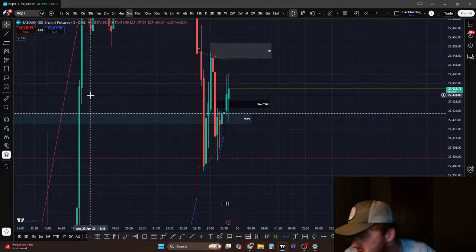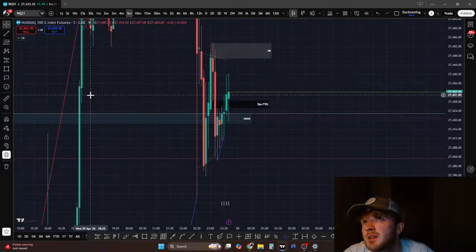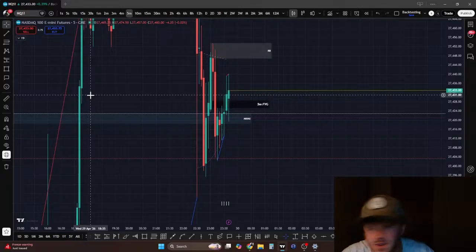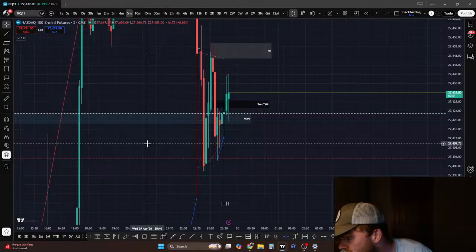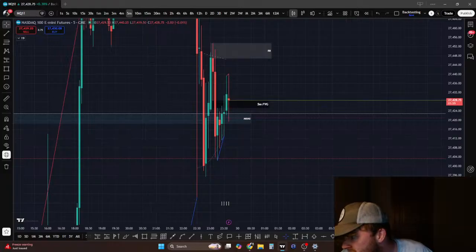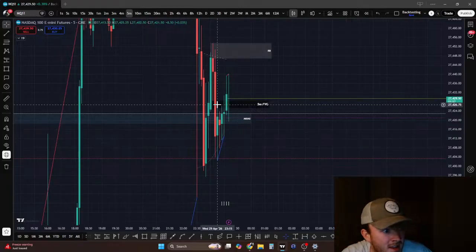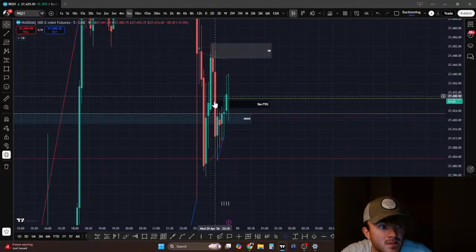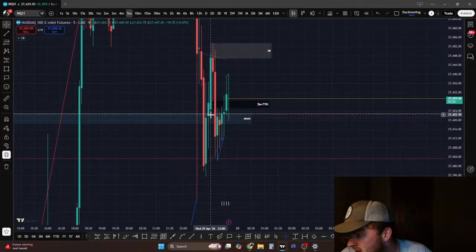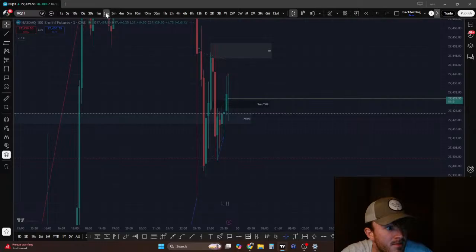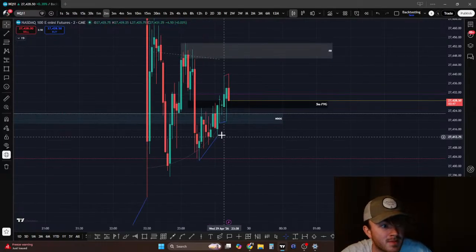So maybe that's absorption to the downside. And also, we had a ton of high delta candles on this leg down here. So that could be absorption as well. So there definitely might be absorption here.